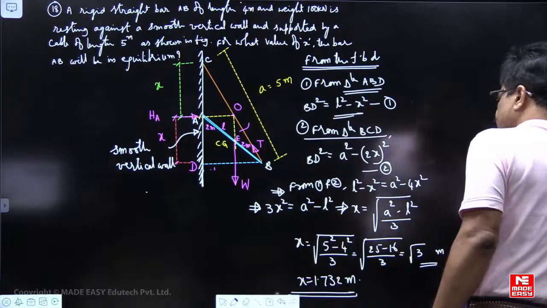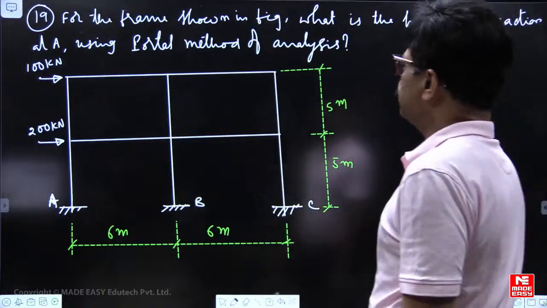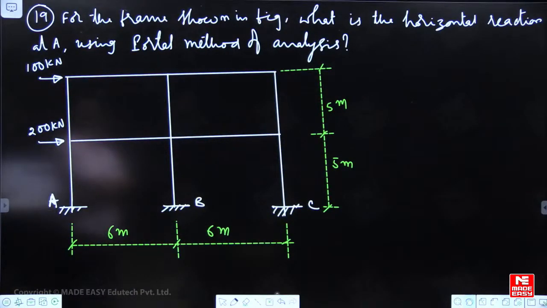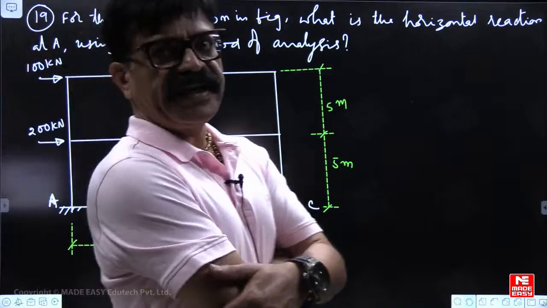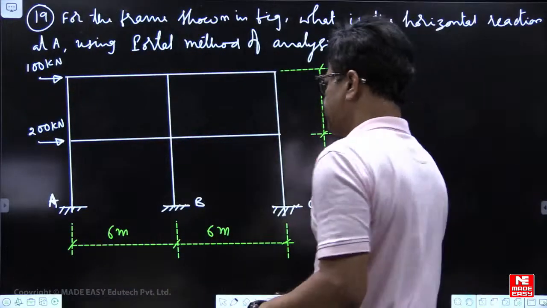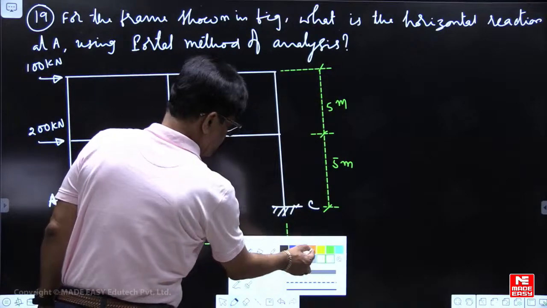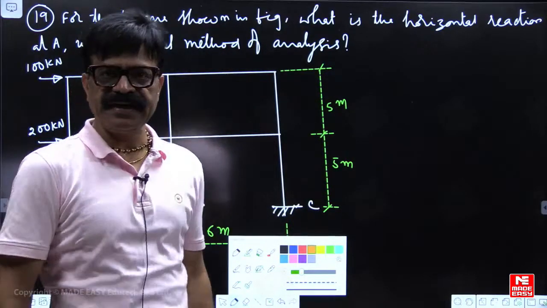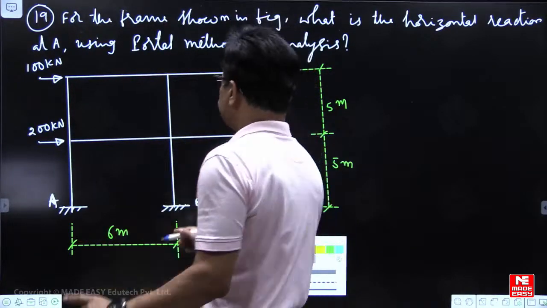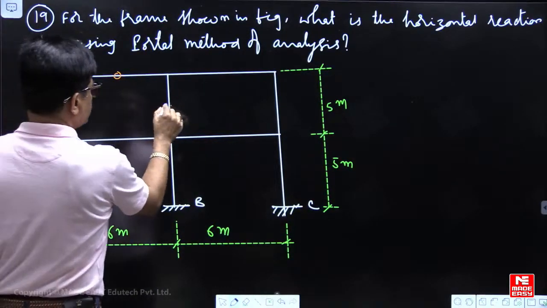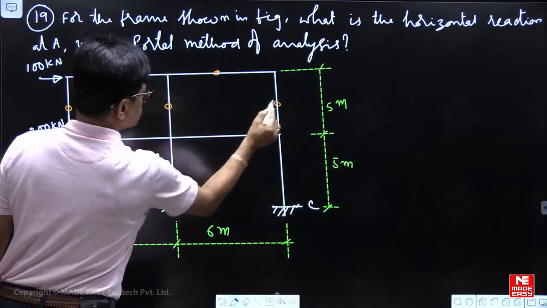Okay, next. For the frame shown in figure, what is the horizontal reaction at A? Using portal method of analysis. 1 minute time. What is the reaction at A? In the portal method of analysis, first assumption is POC is assumed to be located at midpoint of each beam and column, like this.